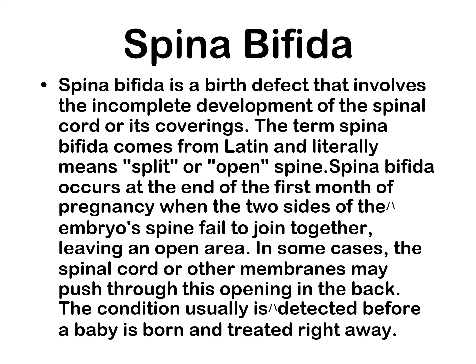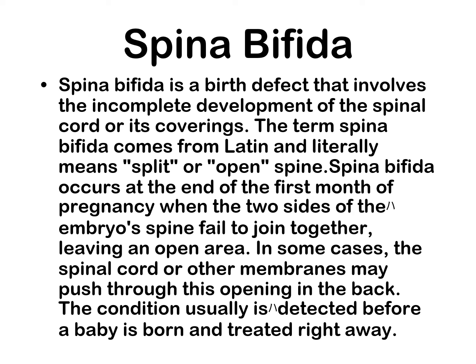Spina bifida. Spina bifida is a birth defect that involves the incomplete development of the spinal cord or its covering. The term spina bifida comes from Latin and literally means split or open spine.